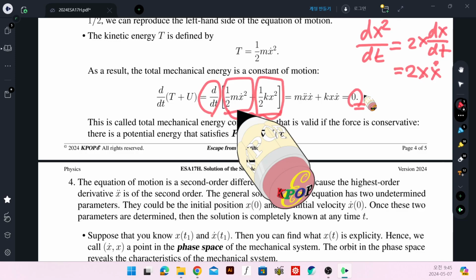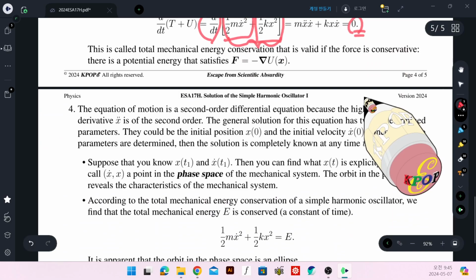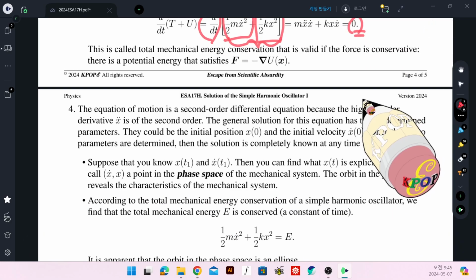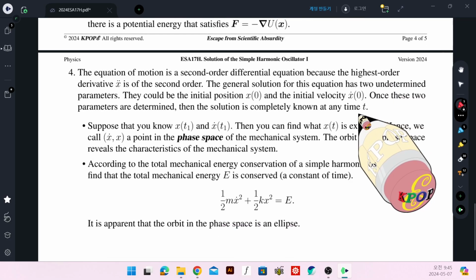The conservation law for energy was not known to Isaac Newton. He did not know. The energy concept was developed by Leibniz and many others.